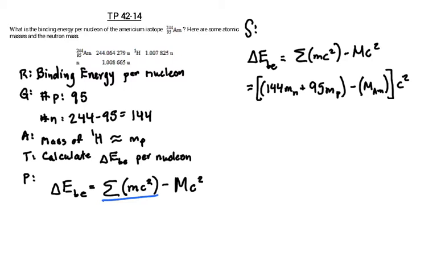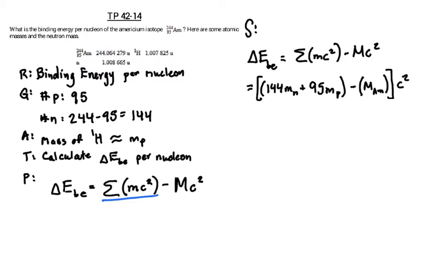Well, it's back in our given information. Americium 244. There are 244 nucleons in that atom. So we're going to take our binding energy value and divide it by the total number of nucleons, 244.